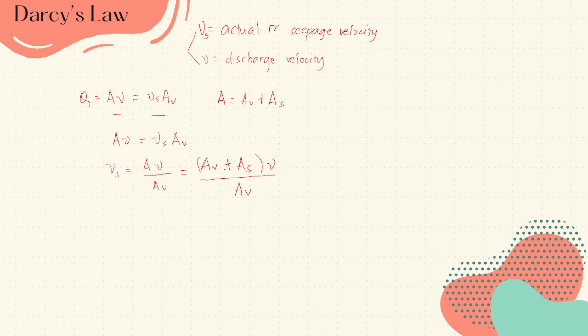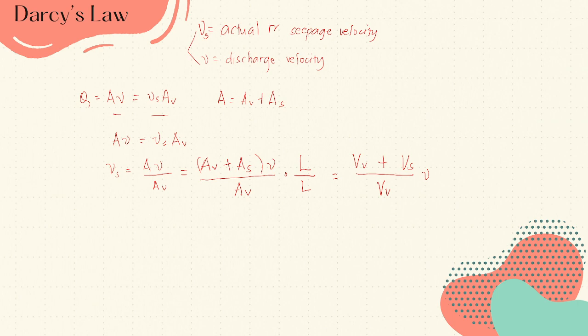And let's convert this to volume. What we're going to do is multiply by length over length, which is okay because L over L is equal to 1. So we are multiplying this side of the equation by 1. This will now become the volume of voids plus the volume of solids, all over the volume of voids, times the discharge velocity.